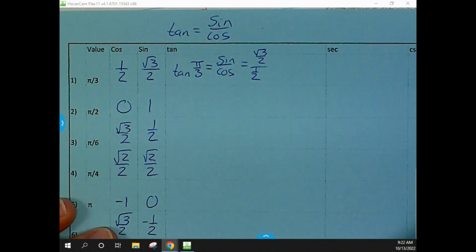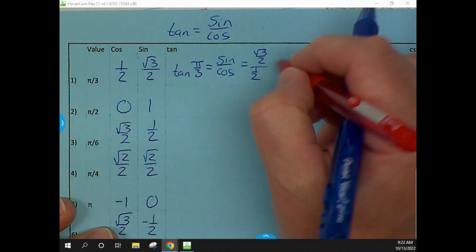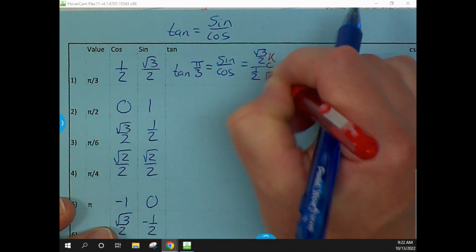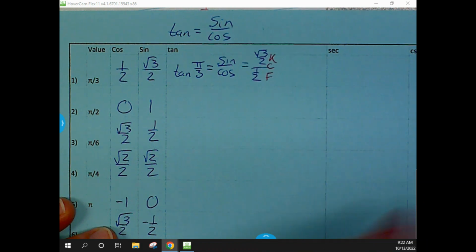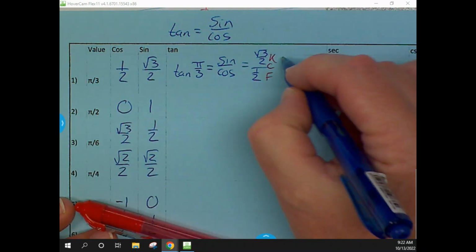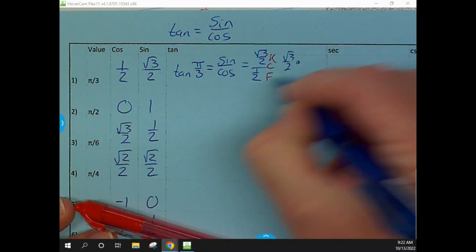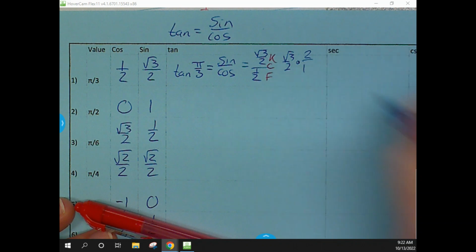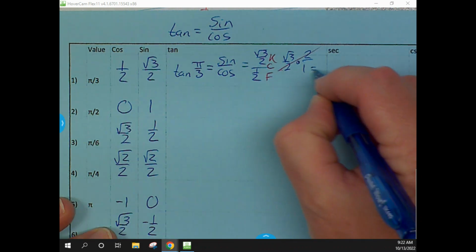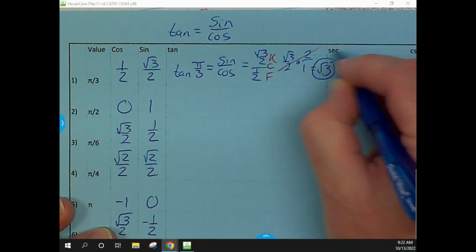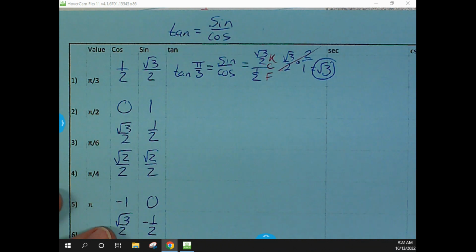Here's where we're going to save a little bit of work. Instead of rewriting it, how about we just keep, change, flip right here? So just make it square root of 3 over 2 times, flip this upside down, make it 2 over 1. Yep, cross out your 2's. And that leaves us just square root of 3. And that's getting really close to the secant part here, but it's okay.